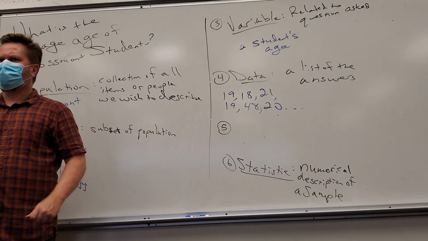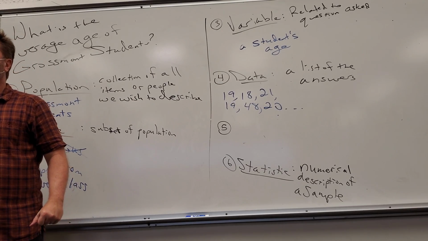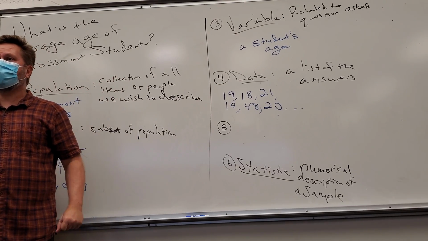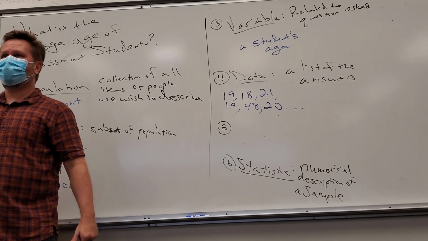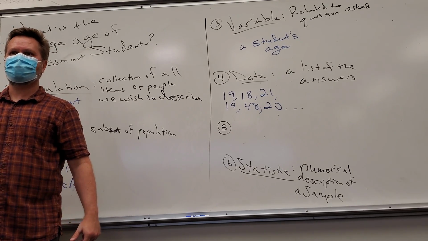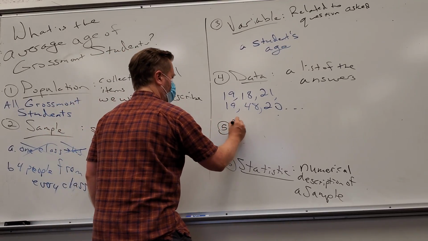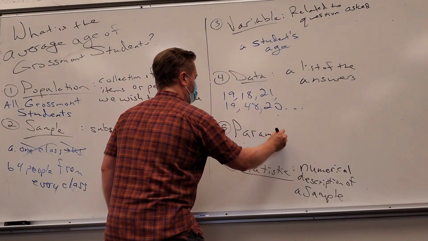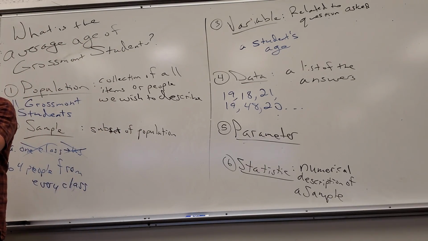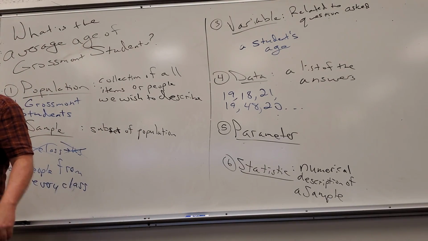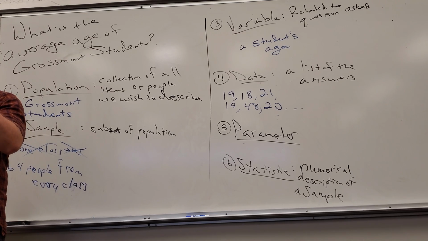So the other one should be a numerical description of a population. So you would hope that it would start with the letter P, and it does. Percentage? No. Okay, just checking. I'm with parameter. It started with the right letter. Sorry. The word started that same way and then it took a turn.